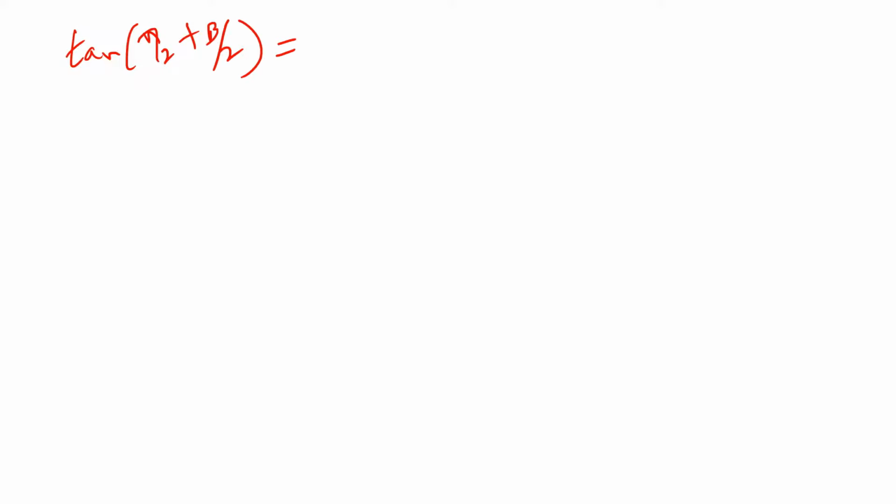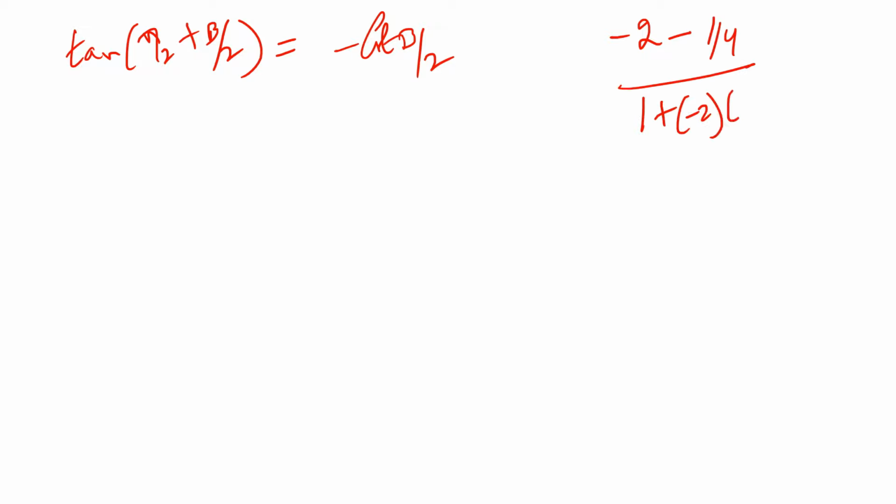It is just minus cot B/2. And if I use that formula, (m1 minus m2) upon (1 plus m1 m2), I will get (minus 2 minus 1 by 4) divided upon (1 plus minus 2 into 1 by 4), right? Because the slopes of these two lines are minus 2 and 1 by 4.